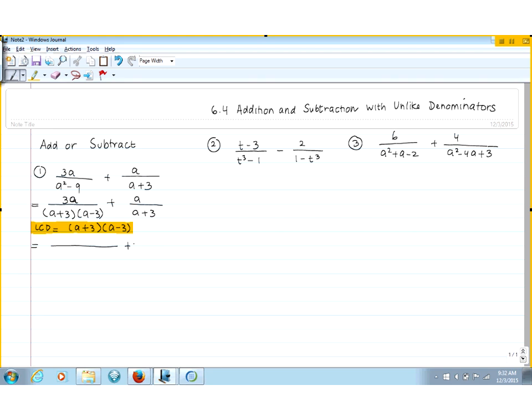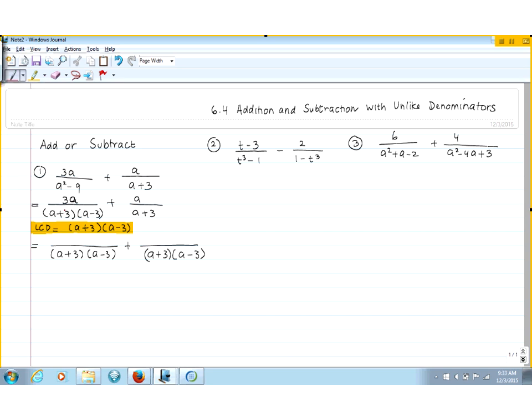Okay? So I'm going to rewrite both in terms of the LCD. So a plus 3, a minus 3. A plus 3, a minus 3. I need to use the LCD, and then I have to add them after I have the LCD. So far so good?